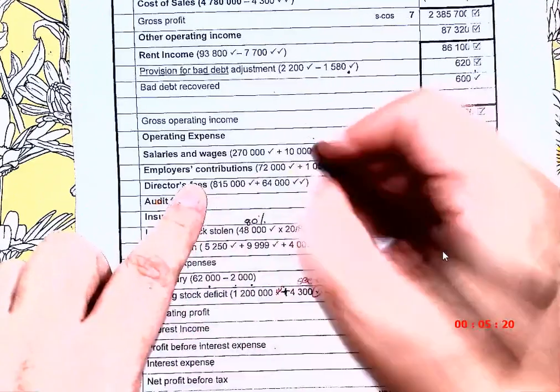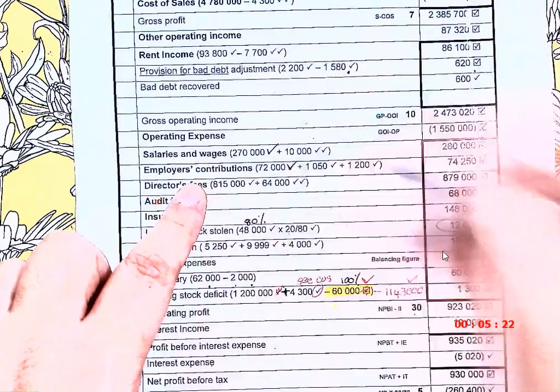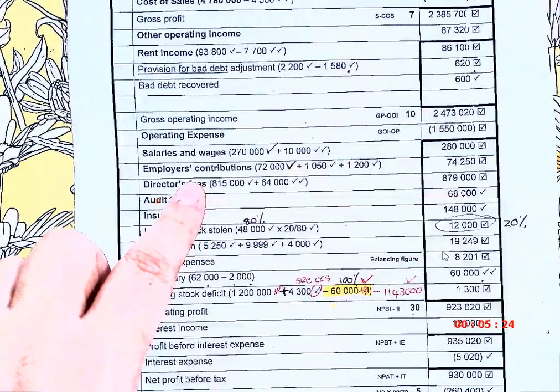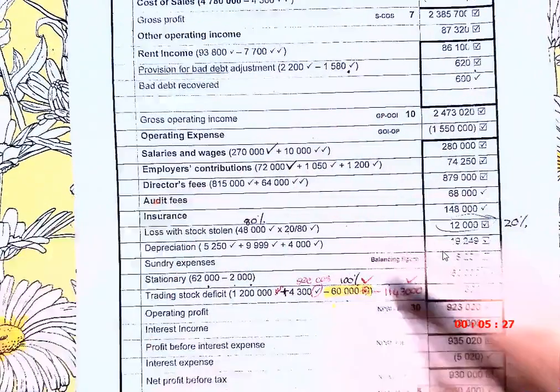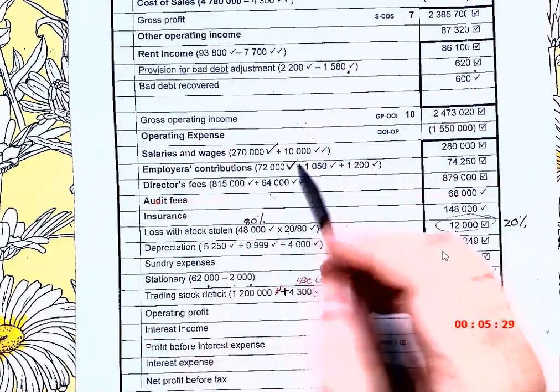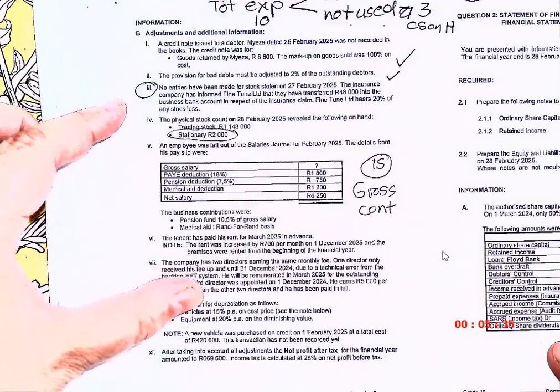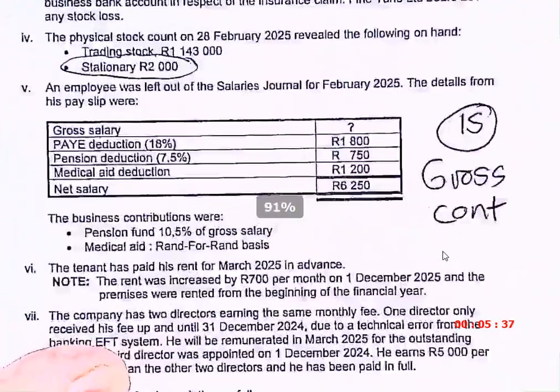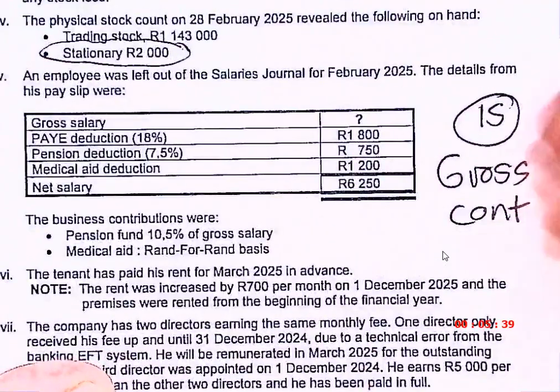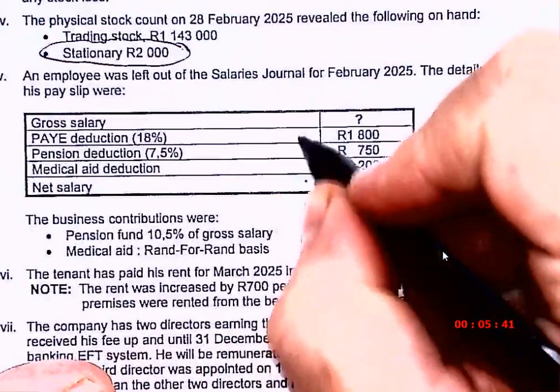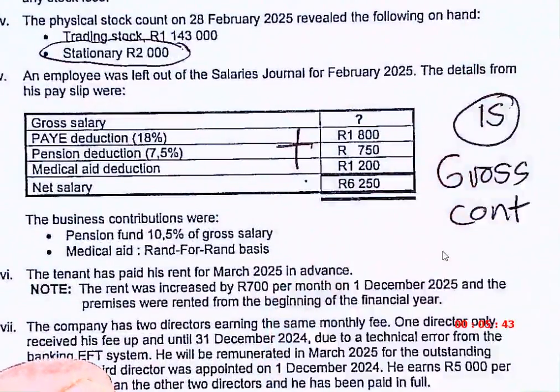So already you got 2 ticks just by transferring the balance. Okay? Then you have to add, I want the gross. So if I look here, do they give me the gross? No, they don't. I need to calculate the gross. How will I calculate the gross? Gross is net plus deductions.